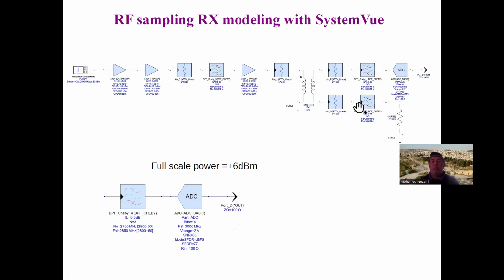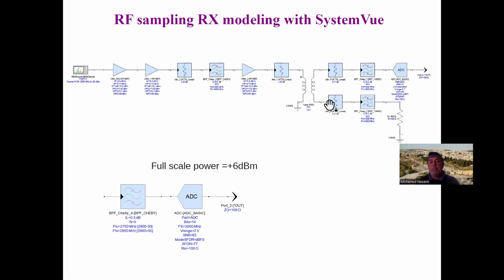So first thing we need to do is match from 50 ohm to 100, and that's with the 1 to 2 transformer in this case. And this here is very critical, and there are many app notes on trying to build the interface between an ADC that is 100 or 200 ohm to a 50 ohm system.